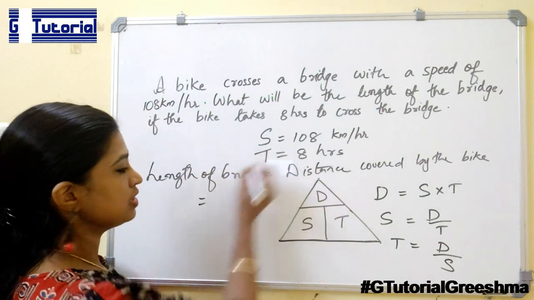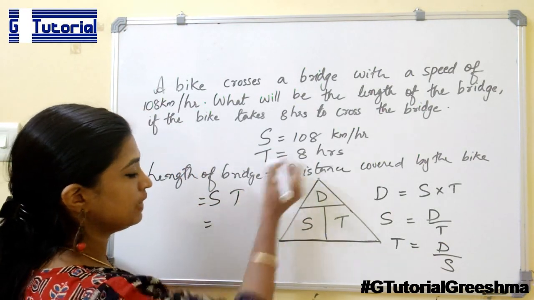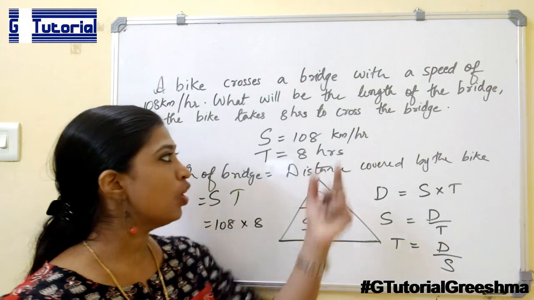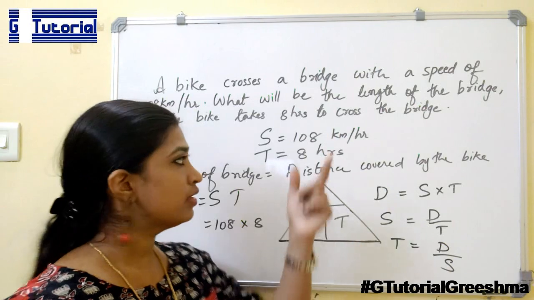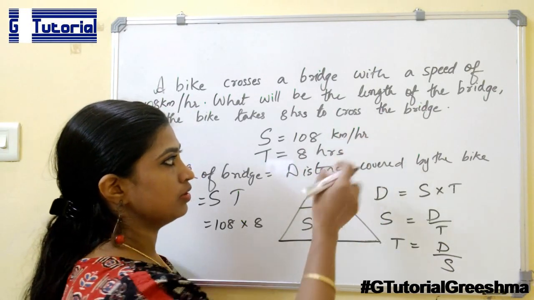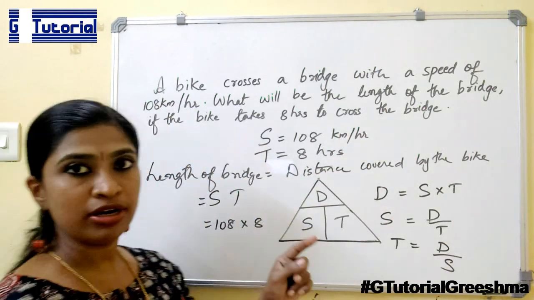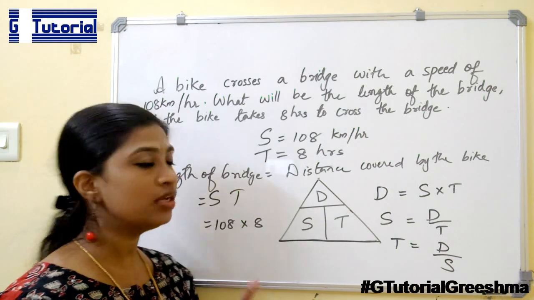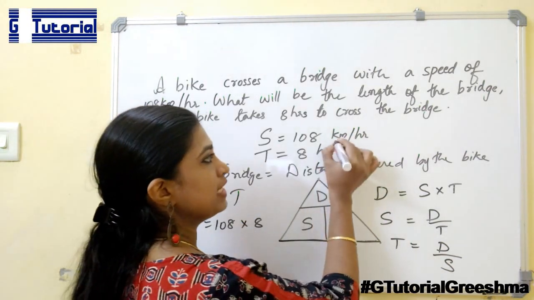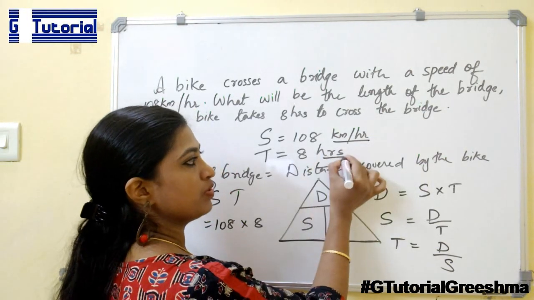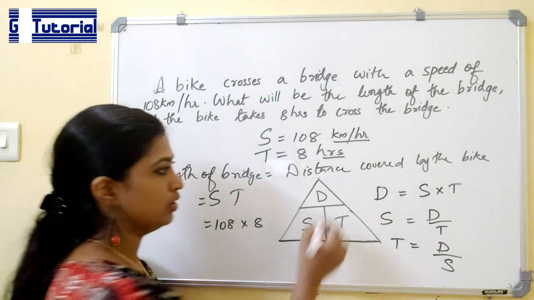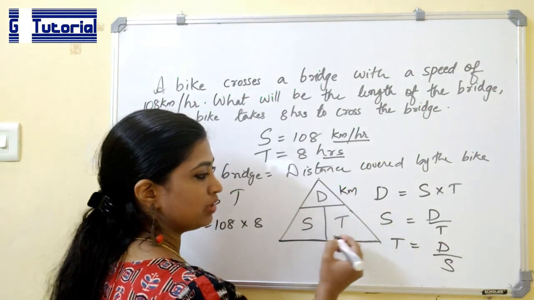So speed is 108 and time is 8 hours. Always remember all the units should be same, because if the units are different, you have to convert it into same units. Only then you will get the correct answer. Here speed is in kilometer per hour and time is in hour. So the answer will be in kilometer. Distance will be in kilometer. Unit of distance is kilometer or meter.